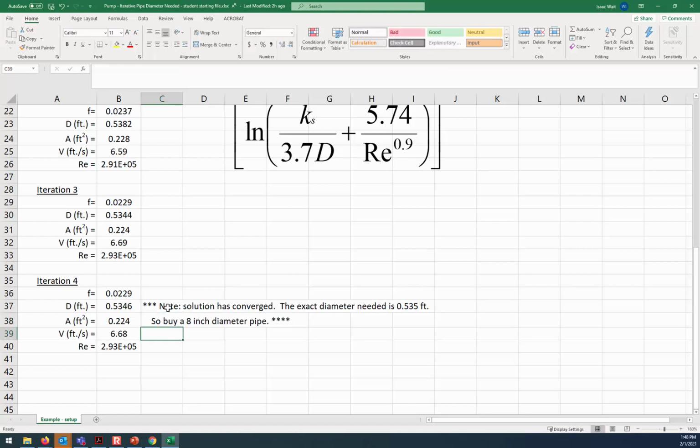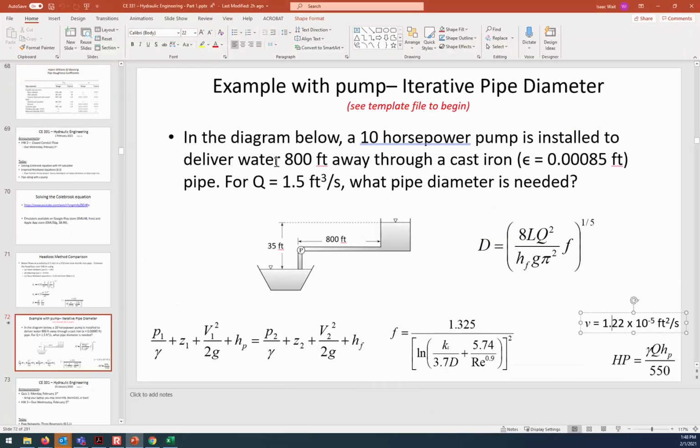Now the 8-inch diameter pipe, because it's bigger than it absolutely needs to be, means that to achieve exactly 1.5 cubic feet per second, you'd need to put a valve after the pump and close that valve down a little bit. You'd need to introduce a little bit of local losses through a partly closed valve. So with that 8-inch diameter pipe, this pump is going to be a little more powerful than you need.